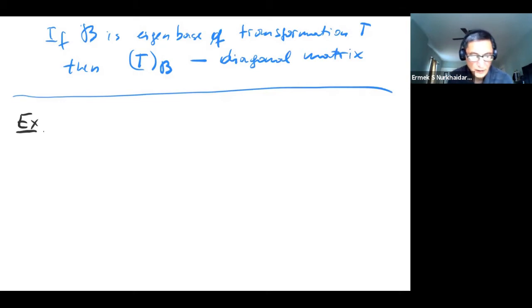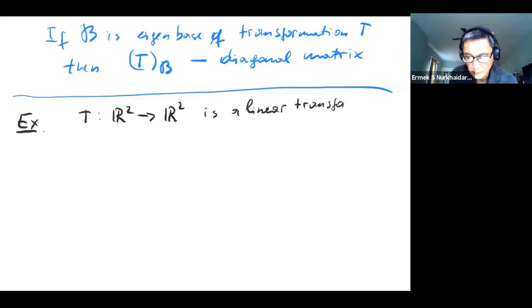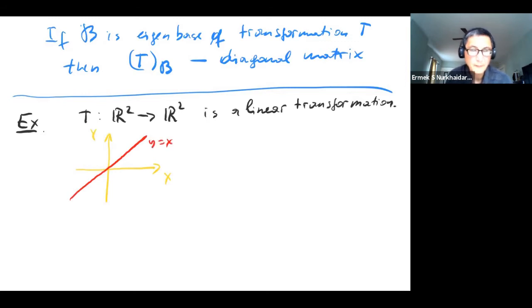Just imagine we have T, which is a linear transformation from R2 to R2. We have a linear transformation of the two-dimensional plane, and it does the following. We have our XY plane, and we have a straight line y equals x.